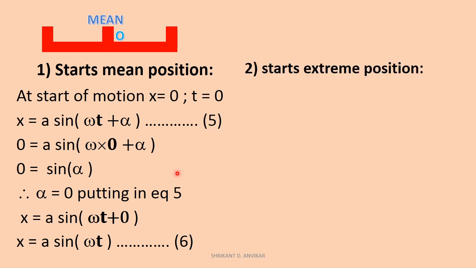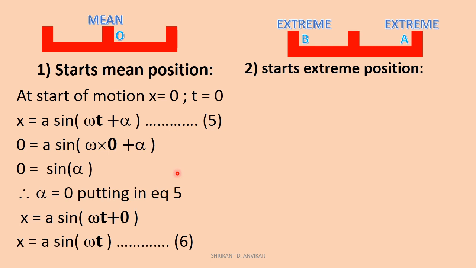Now suppose the particle starts its motion from extreme position. In that case we calculate the value of alpha. In simple harmonic motion, extreme positions are denoted by A and B. Suppose the particle starts at position A. Therefore at the start of motion, the displacement of the particle is equal to amplitude and the time interval is 0.